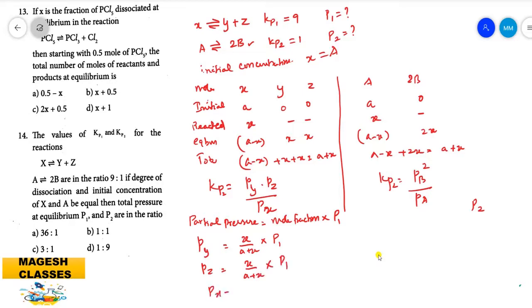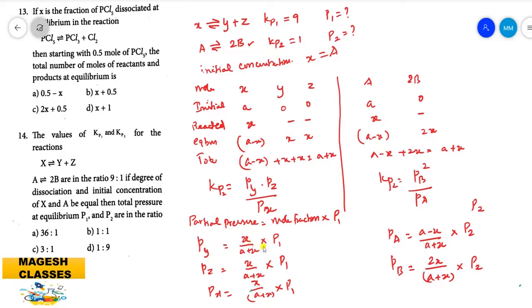The partial pressure of X is A minus x divided by A plus x into P1. For the second, the partial pressure of A is A minus x divided by A plus x into P2. The partial pressure of B is 2x divided by A plus x into P2.